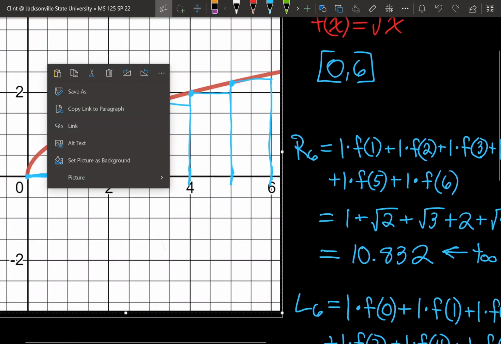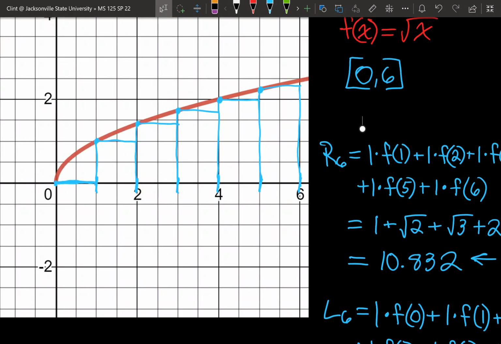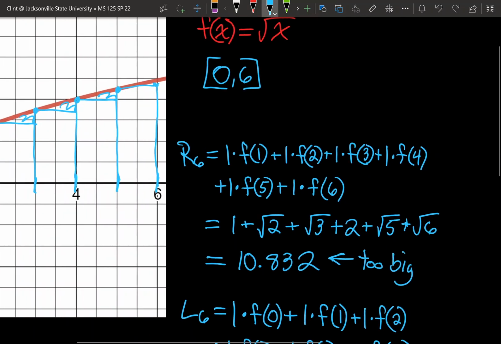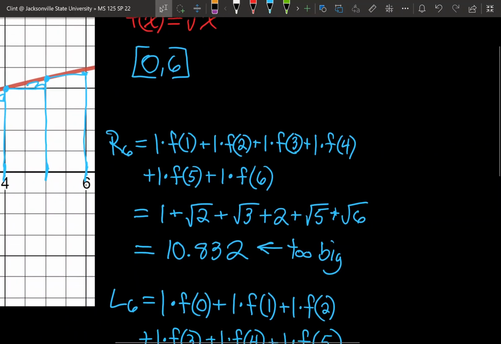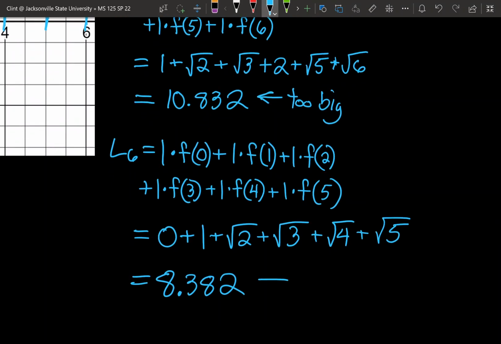All right, so is that estimate going to be too big or too small? That one's too small because we've got, especially right here, all these pieces that we're leaving out. That's a little bit right there. So this one's too small.